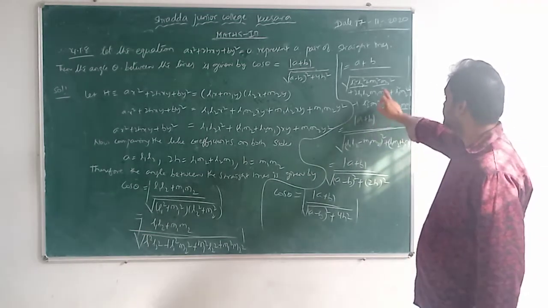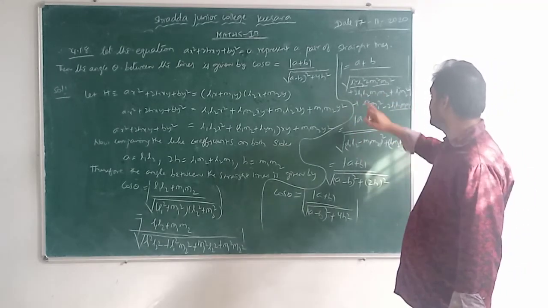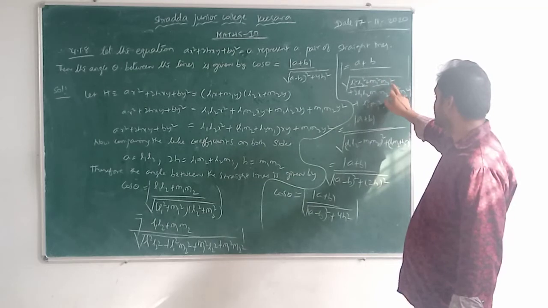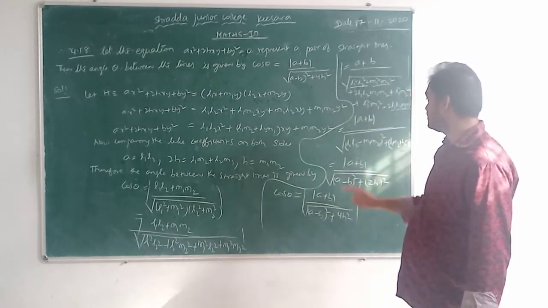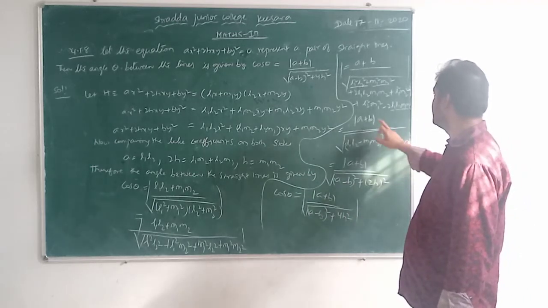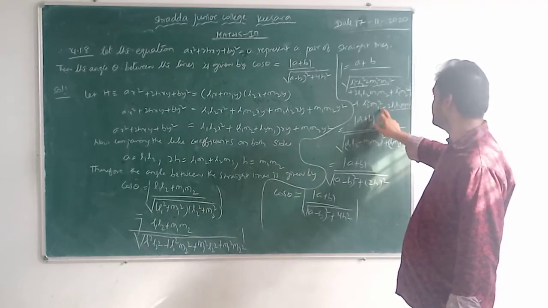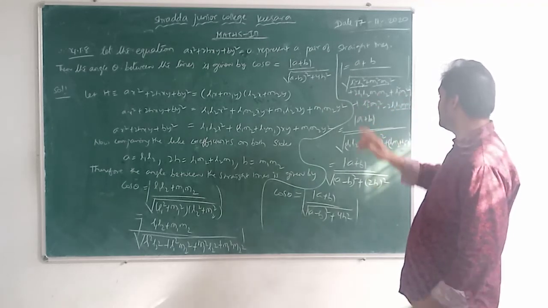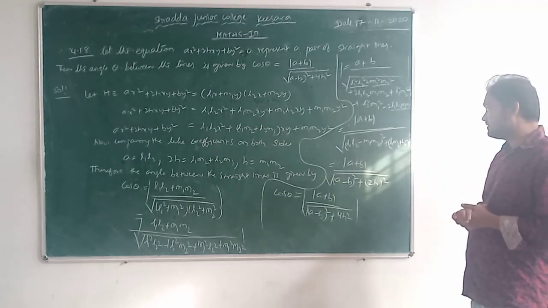This is equal to mod A plus B by square root of, how can we write, L1 square M2 square plus M1 square M2 square minus 2L1 L2 M1 M2. We can write this as L1 L2 minus M1 M2 whole square plus, and what is remaining here, L1 square M2 square plus L2 square M1 square plus 2L1 M2 L2 M1, that is L1 M2 plus L2 M1 whole square.